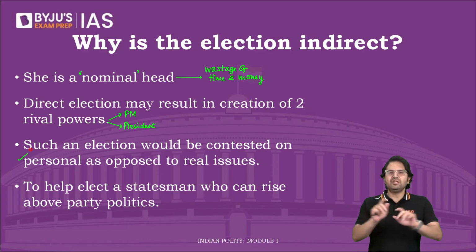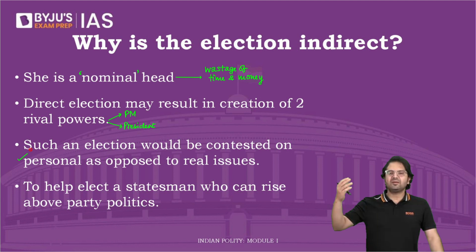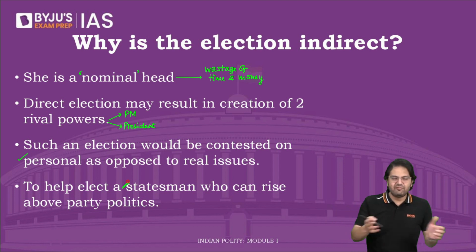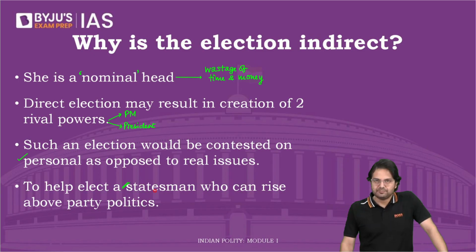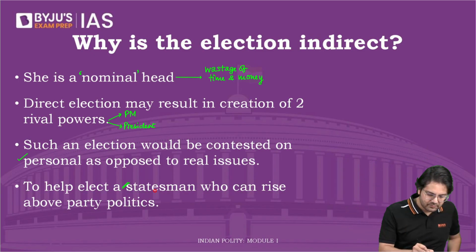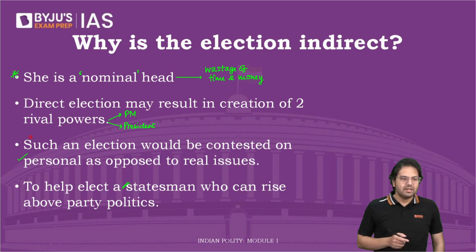We want somebody who is a neutral person, a true statesman, somebody who can rise above this petty politics, begging for votes here and there, right? We want a true leader who can rise above party politics and behave neutrally in the country. Are you clear on this? So these are the reasons why the elections are indirect. The primary reason is the first one. Others are also reasons.